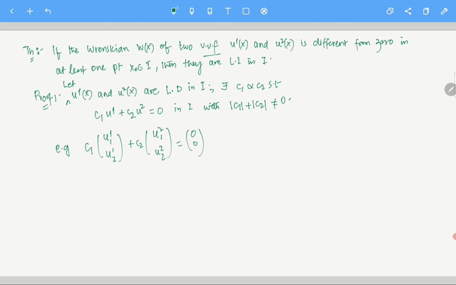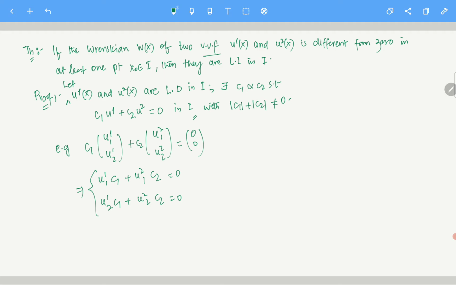That is equivalent to saying that this system of homogeneous equations holds. You understand the system, right? Let me write it: u11 C1 plus u21 C2 equals 0, and u12 C1 plus u22 C2 equals 0.